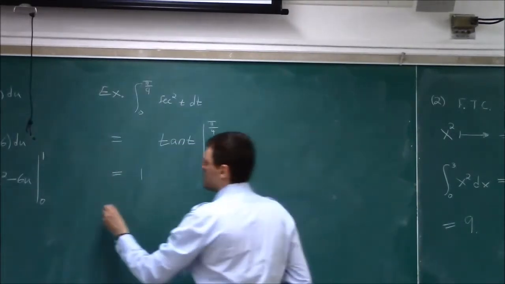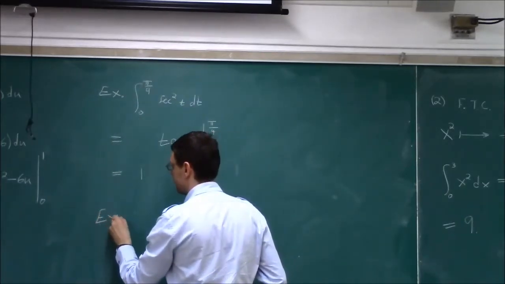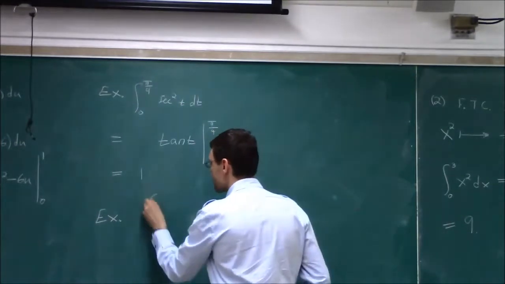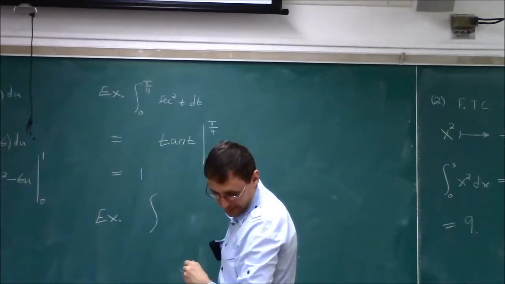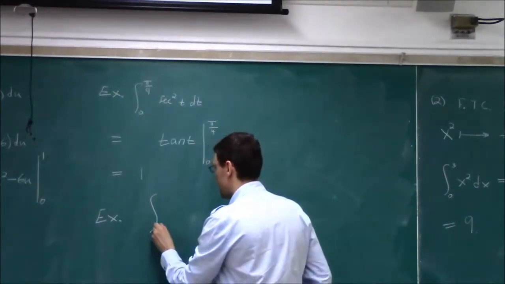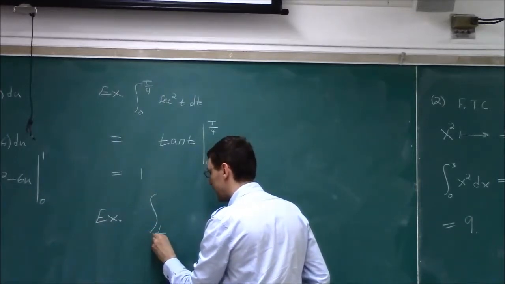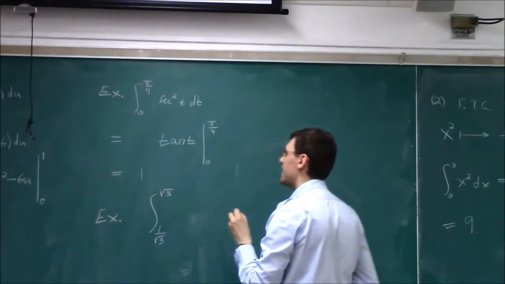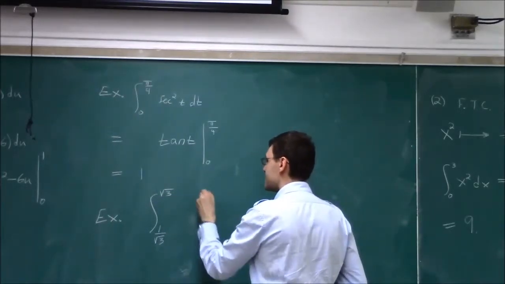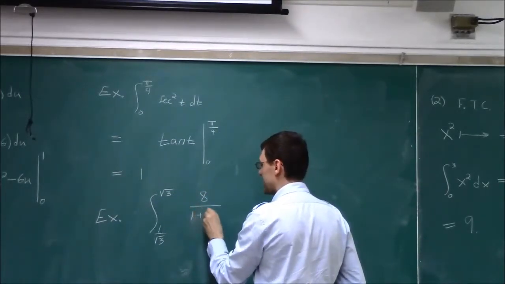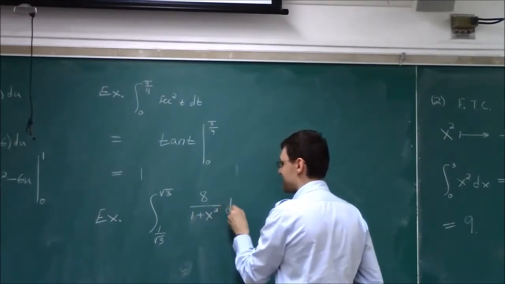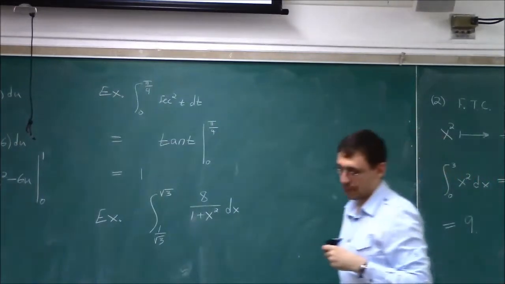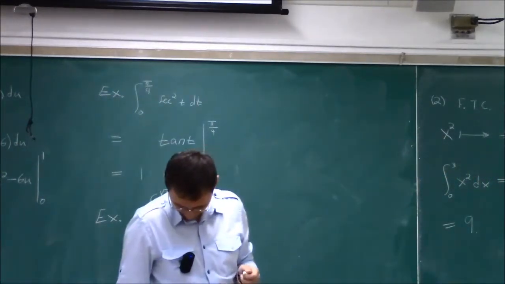Okay, let's do another example. Let's suppose we have the integral from 1 over root 3 to root 3 of 8 over 1 plus x squared dx. What do we do now?